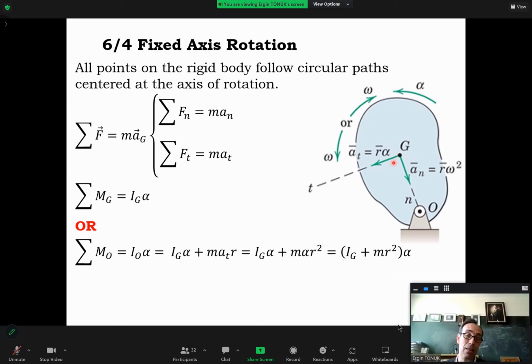Now, this is one case. The other case is you may have G at O. That is, the body is rotating about its mass center. In that case, sum of the forces should be equal to zero, including the reaction forces. Actually, that type of a thing is then sometimes called, in terms of machine dynamics, unbalanced rotation.